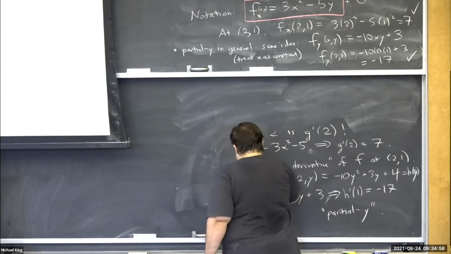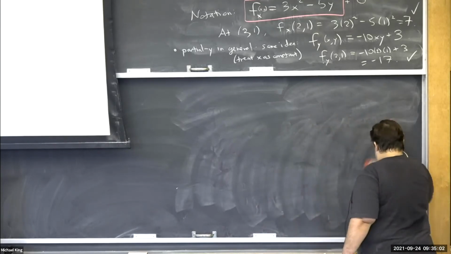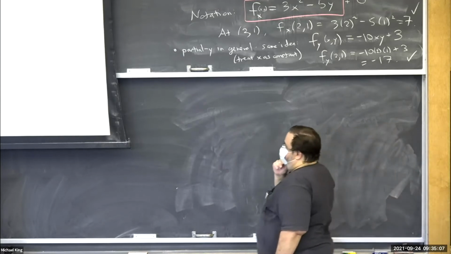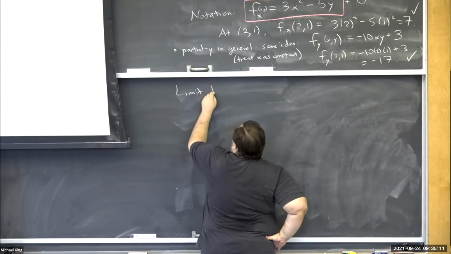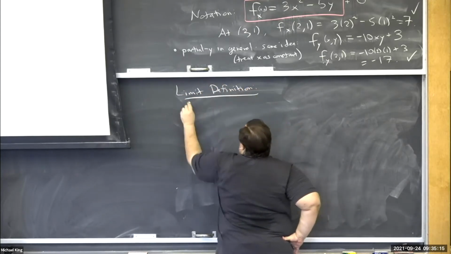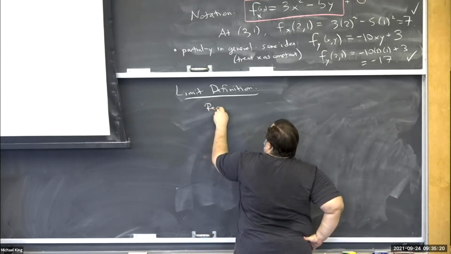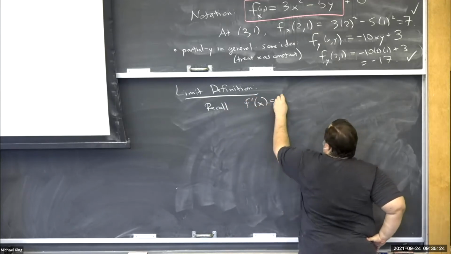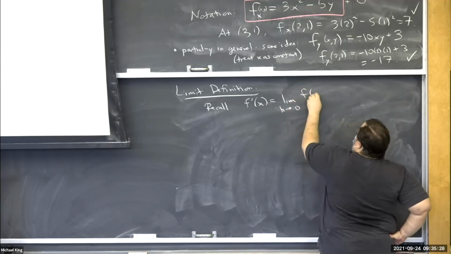There is a limit definition if you want it. So the limit definition, if you just want the formal definition. Recall, f prime of x for a function of one variable is you do that limit, something like this.